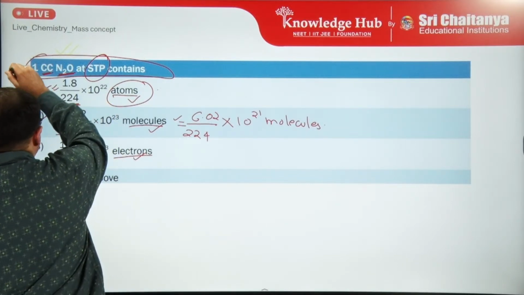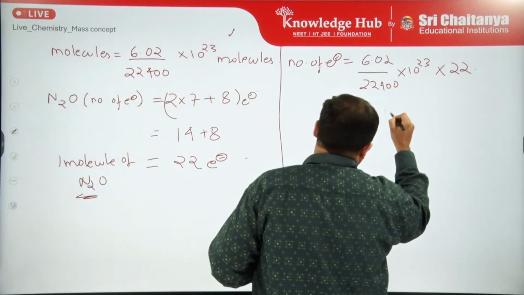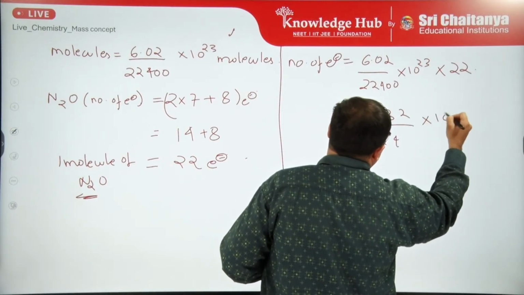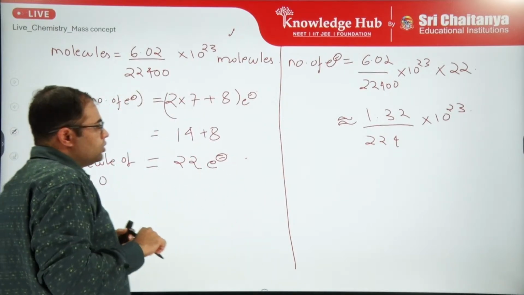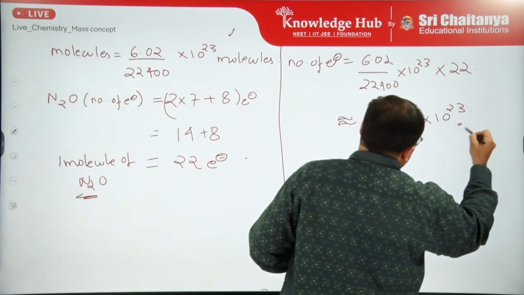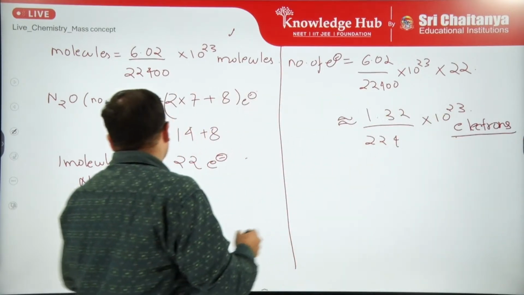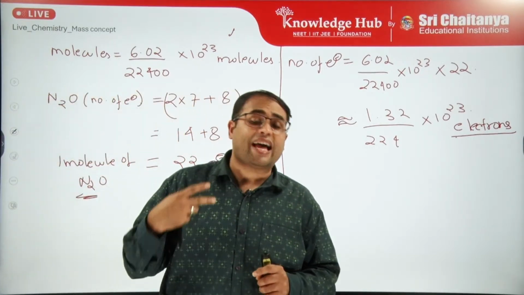It will come approximately around 1.32 into 10 raised to power 23. So these many electrons are present. So we have calculated the number of molecules, the number of atoms and the number of electrons.